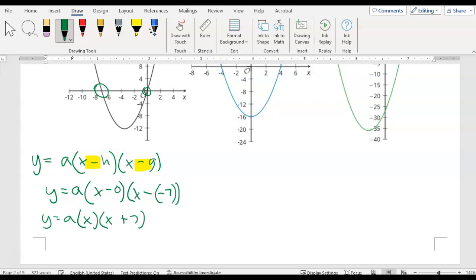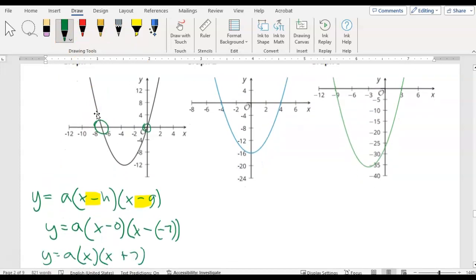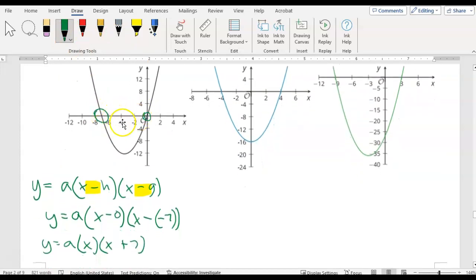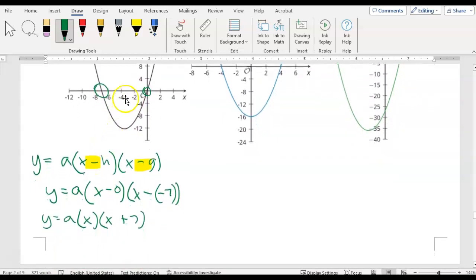And now if we want to find out what a is, we need to plug in a point that we know and see what that will create. That will help us determine what a is. So looking at this, you want to think about what point I could put in here that would help me test that. Well, let's say I try to put in (0, 0) here.